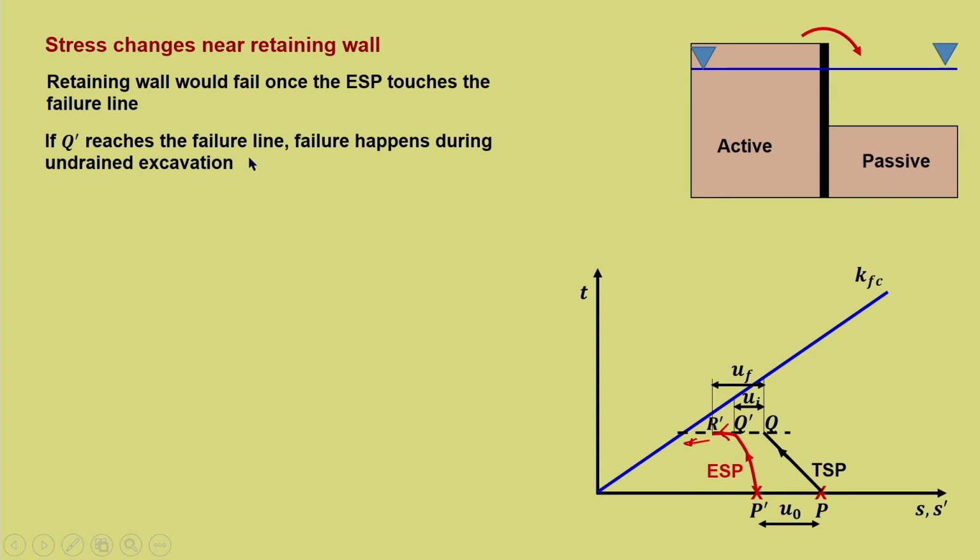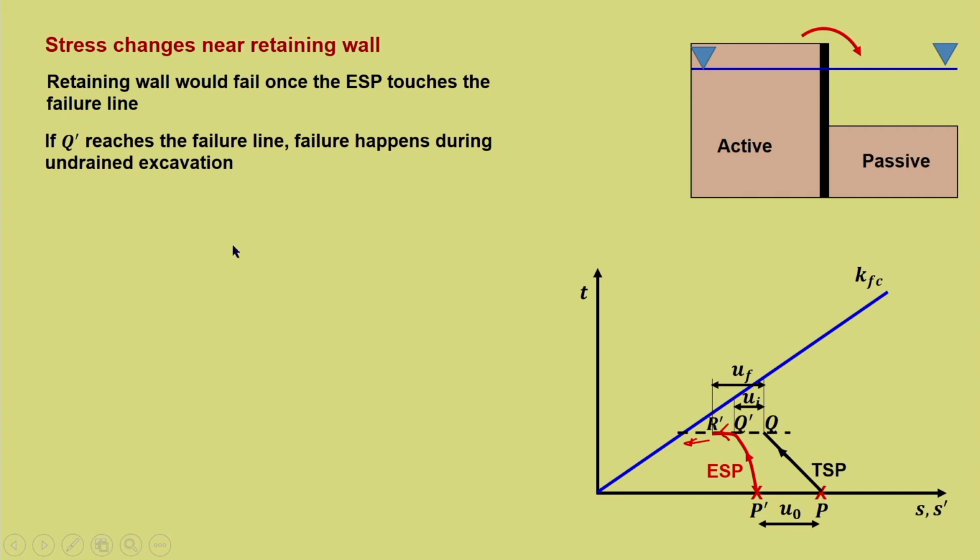There is another possibility, that is from p dash to q dash, it is the construction phase, that is at the end of construction. It can also fail during the construction, that is at the end of construction when q dash goes and touches the failure line.